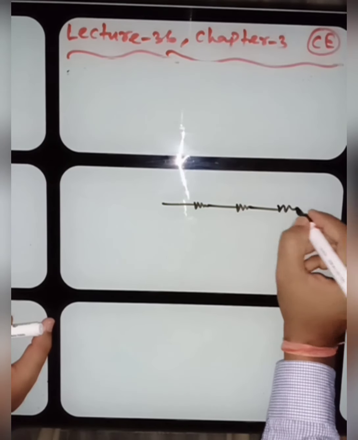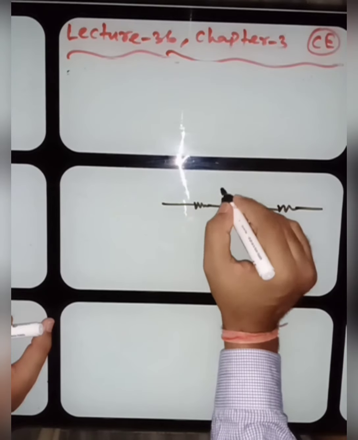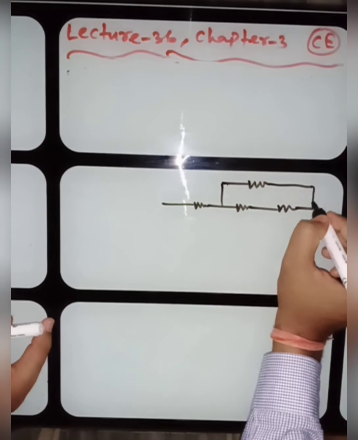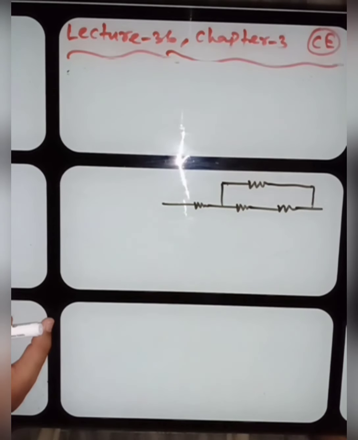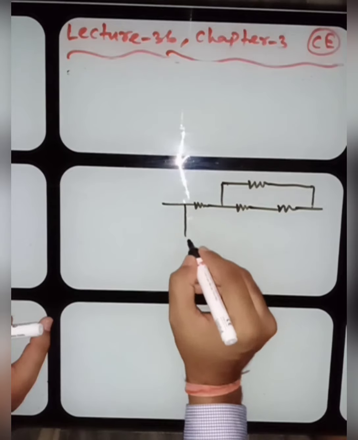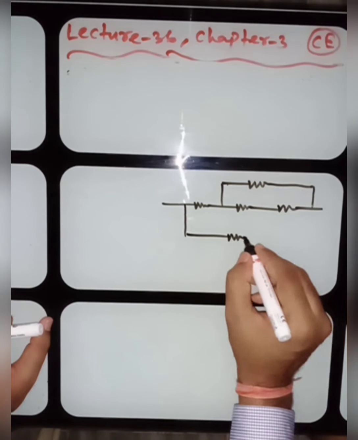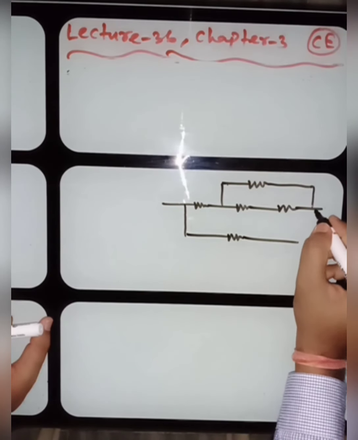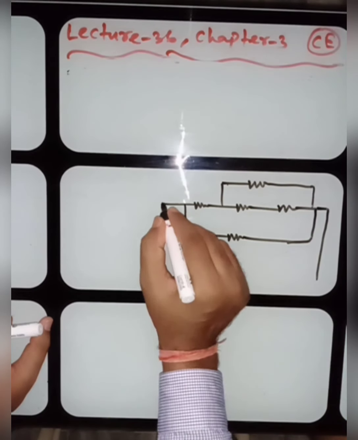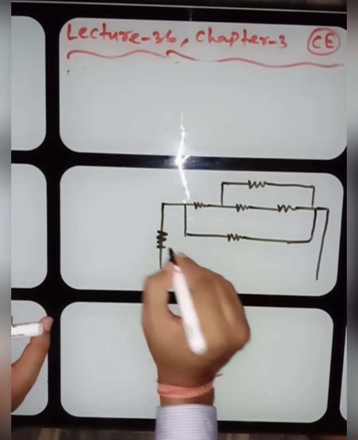Suppose another resistor: the one resistor has been connected from above. Another resistor I am connecting from here. Now the circuit is being completed.